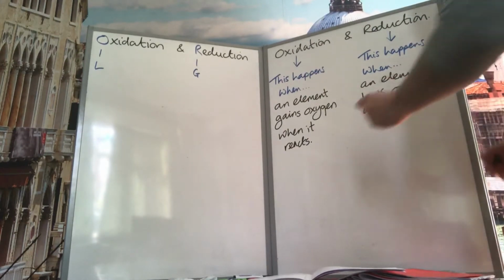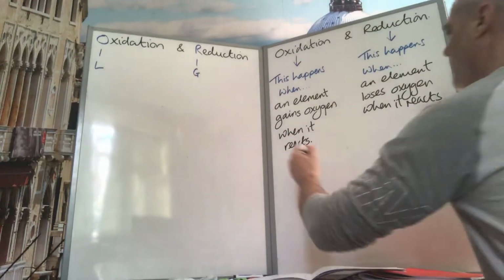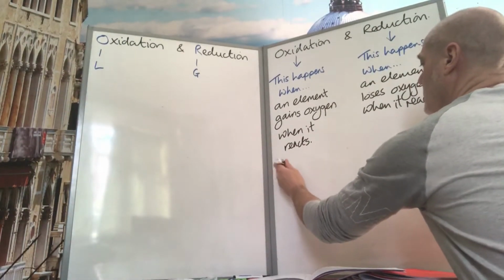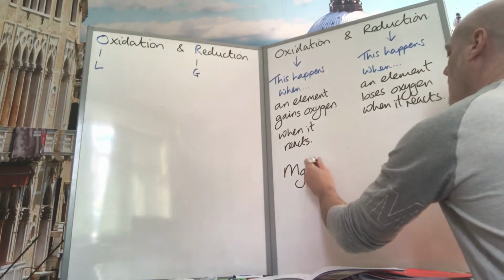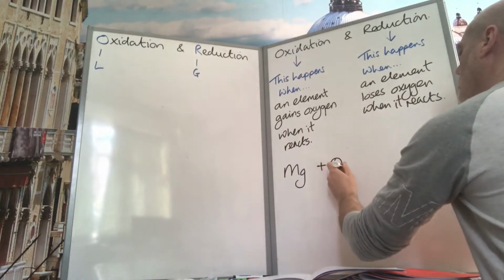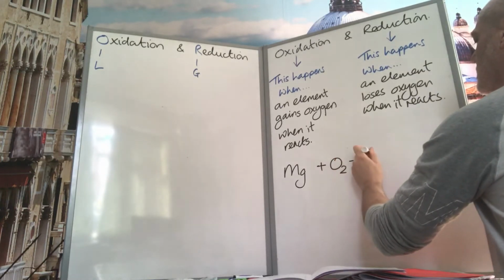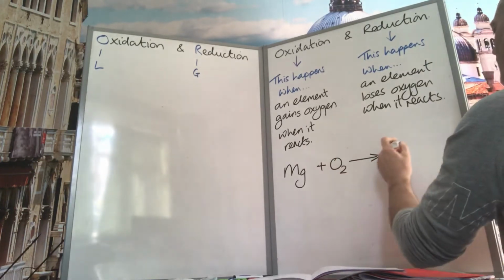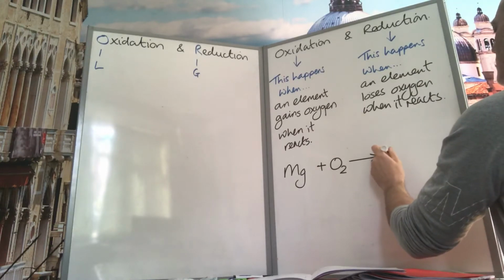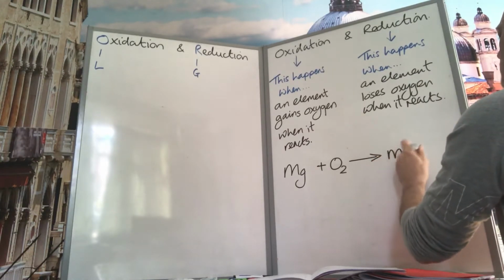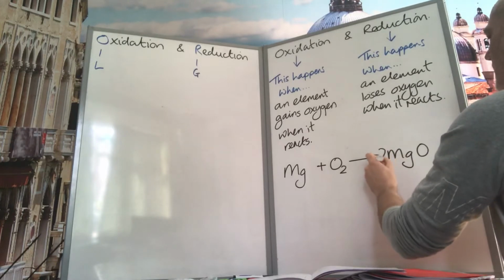Okay, so nice easy example. If we take magnesium and we react it with oxygen gas, then we form magnesium oxide. Just balance that up.